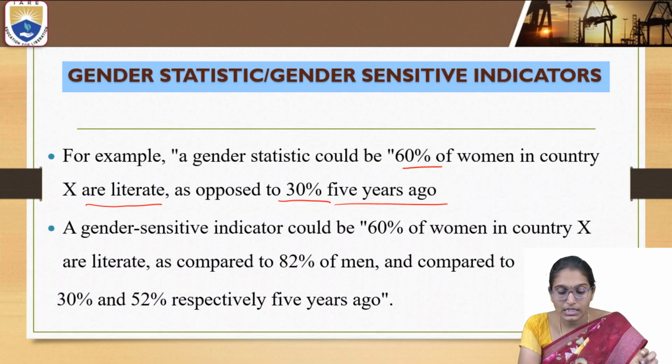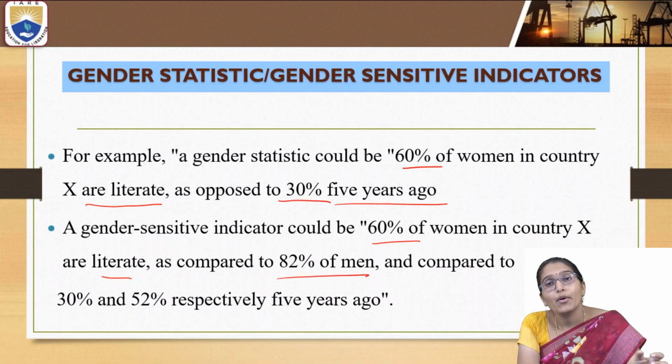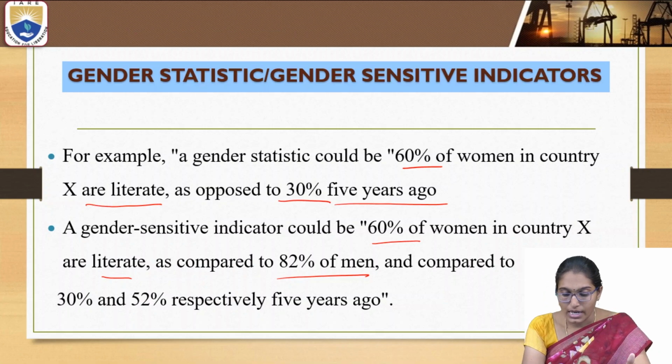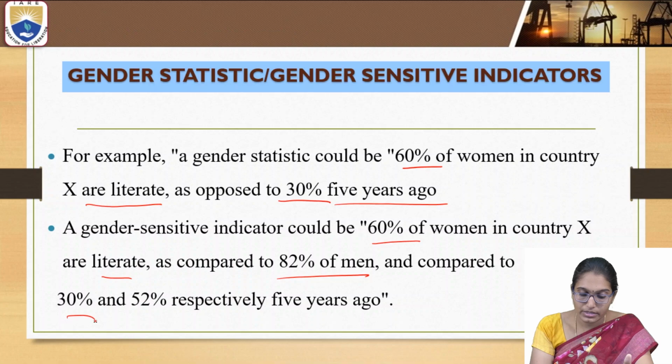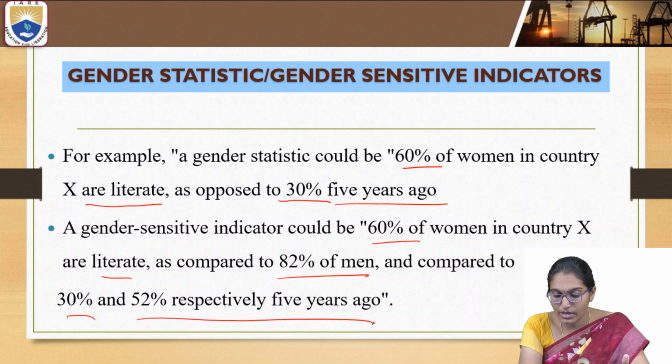So this can be direct statistics, and a gender sensitive indicator gives information like 60% of the women in country X are literate as compared to 80% of the men. So among 82% of the men, 60% of the women are literate, compared to 30% and 50% respectively 5 years ago.